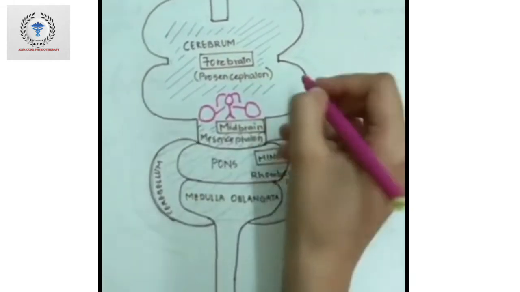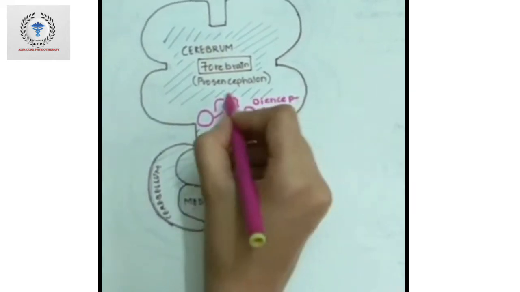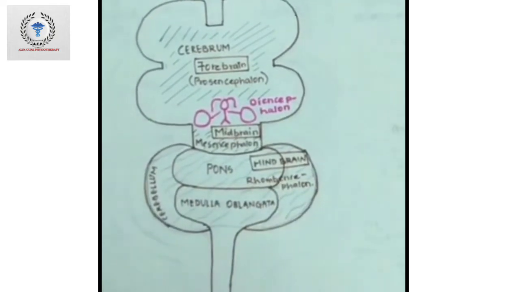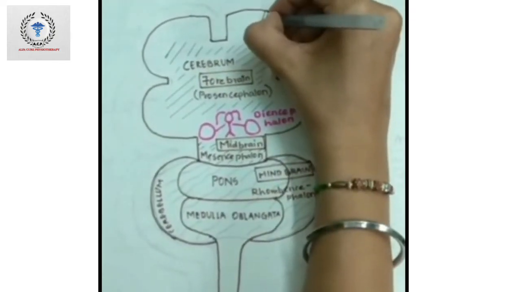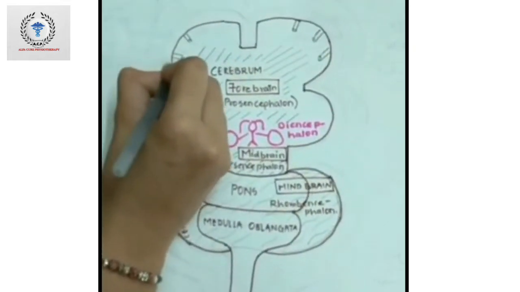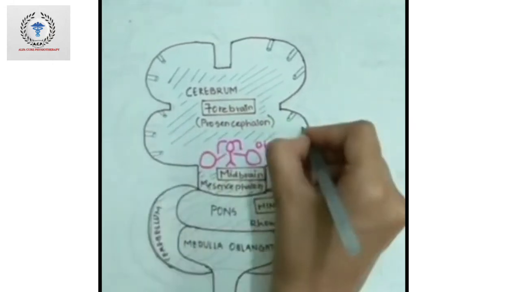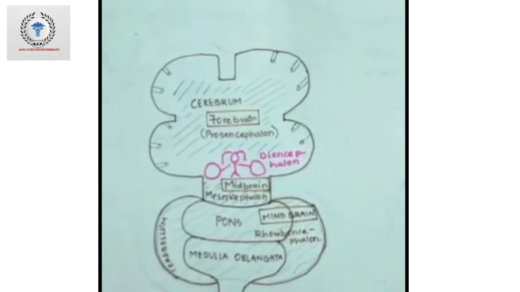How are we going to remember? It is Princess Diana is sitting in between, which is diencephalon, and all the telescopes are observing Princess Diana, which is telencephalon. So the inside part is diencephalon and outside part or the cerebral hemisphere is telencephalon.